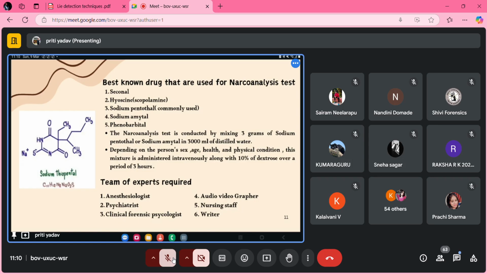These drugs come under the category of rapid onset, short-acting barbiturates. The third one, sodium pentothal, also known as thiopentone, is commonly used in India. In India, this test is done by a team comprising an anesthesiologist, psychiatrist, clinical forensic psychologist, audio videographer, nursing staff, and a writer for note making.